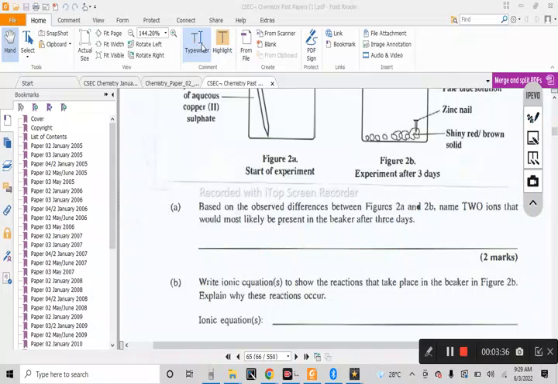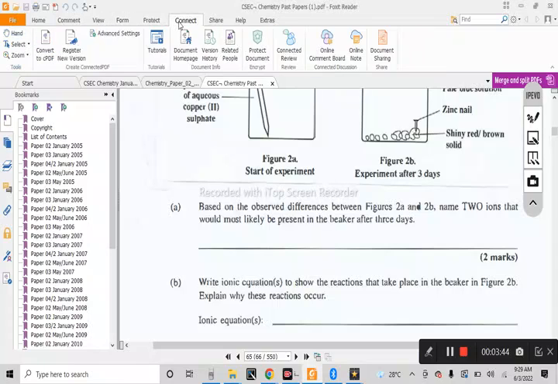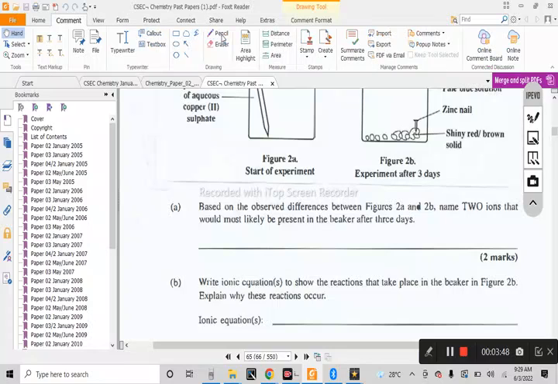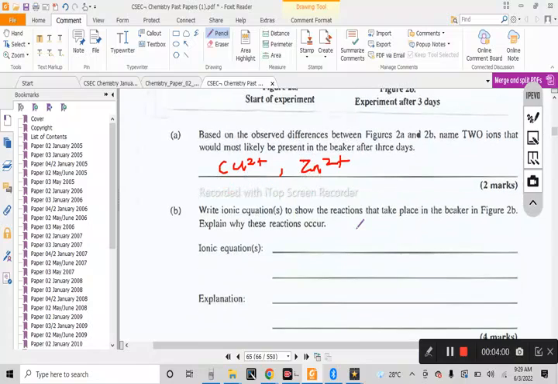Let me use my writing tool for us. Copper 2 plus and zinc 2 plus.